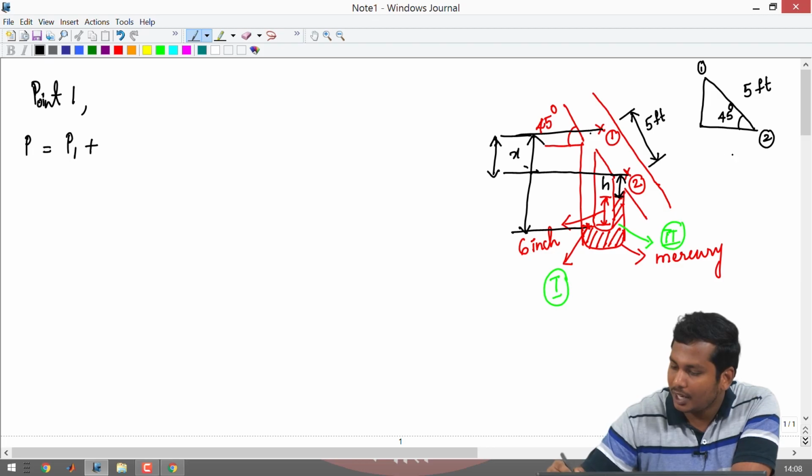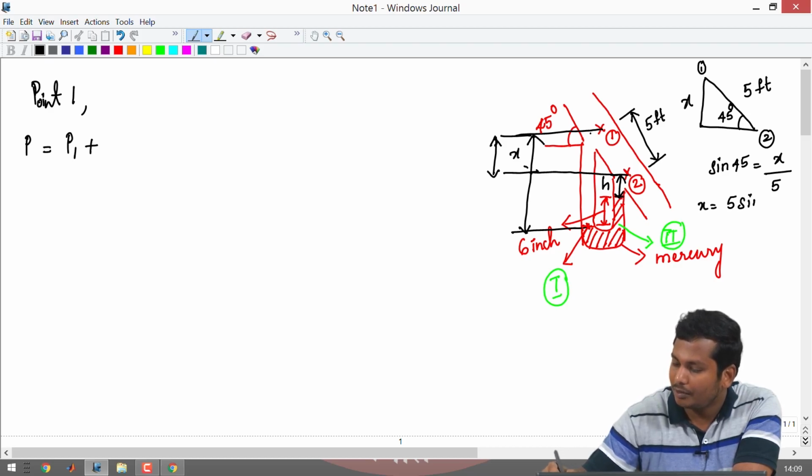So if we take sine 45, it would be side opposite to theta by hypotenuse, that implies x equal to 5 times sine 45.